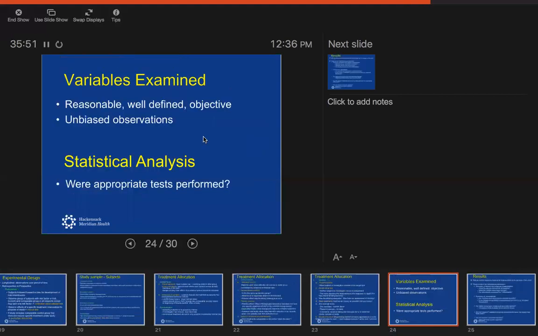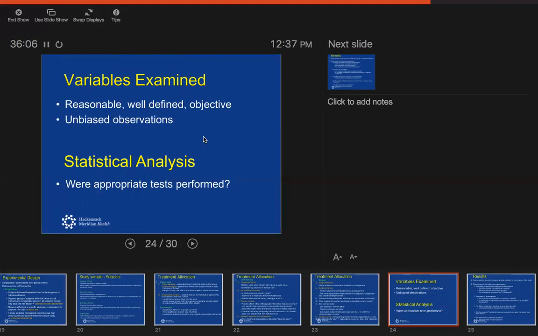So also in the method section, we look at what the variables were, whether the parameters being looked at were reasonable, and that the observations were unbiased.